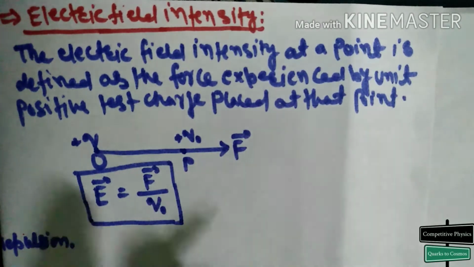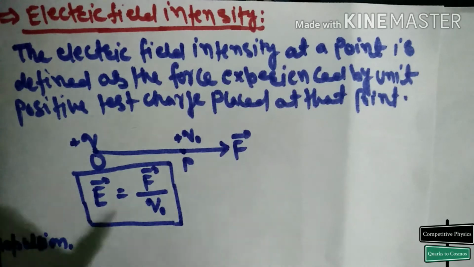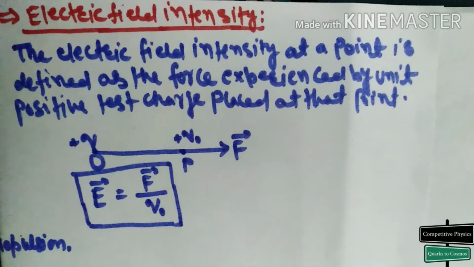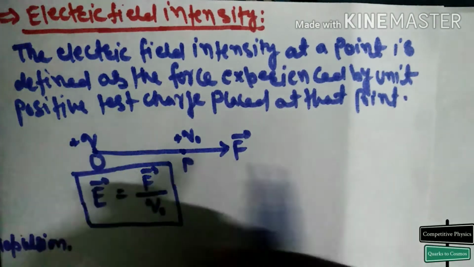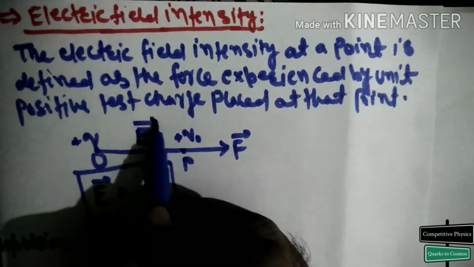Now one more question. What is the direction of electric field? Okay, so you remember the electric field will always be in the direction of force. That is, the direction of E is the same as that of F. If this is the direction of force, the direction of electric field will also be in this same direction.